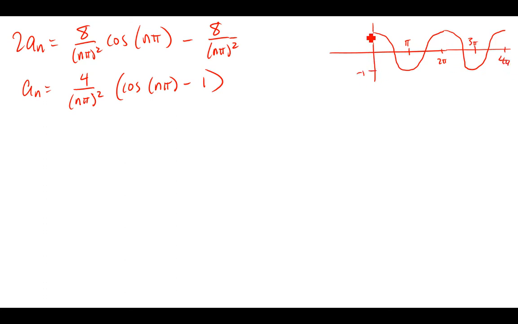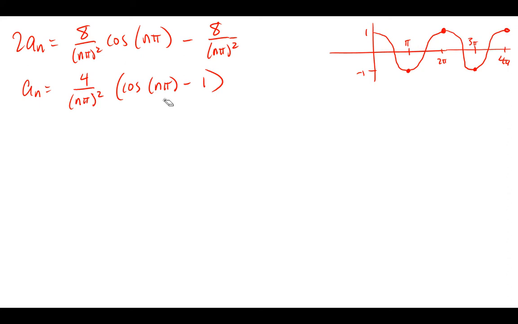That's -1, and that's 1. That's the cosine graph right there. I don't know how much n is, but obviously it's a whole number. So notice from my graph, when n is odd, like at 1 pi, 3 pi, and so on, cosine is -1. When n is even, cosine is +1.